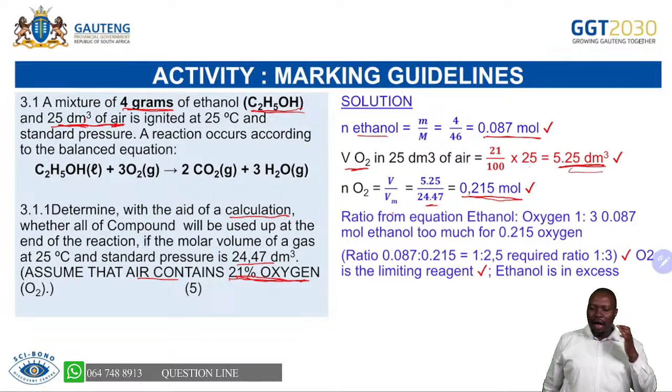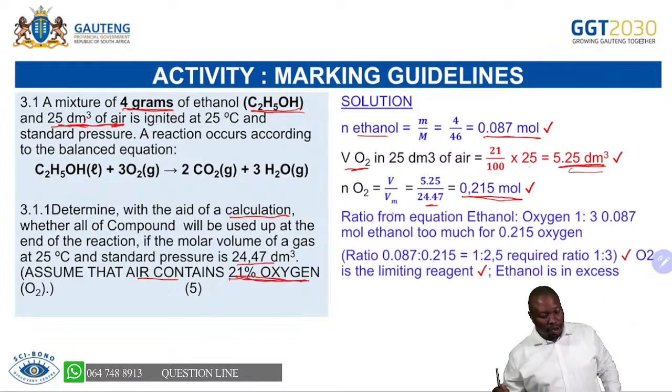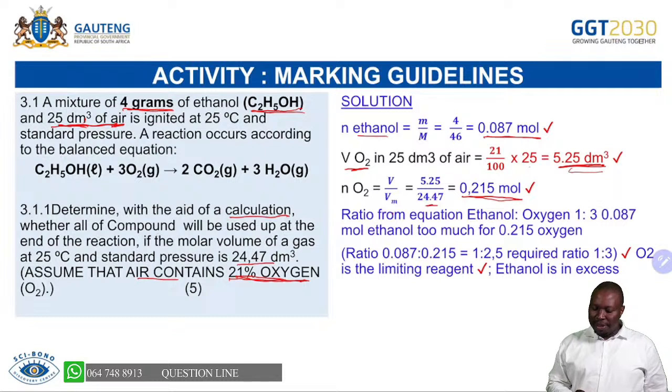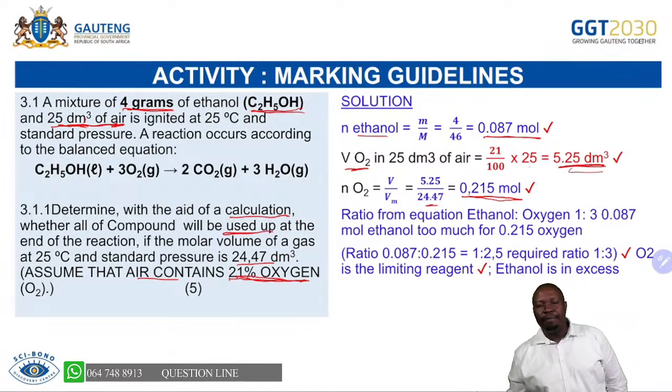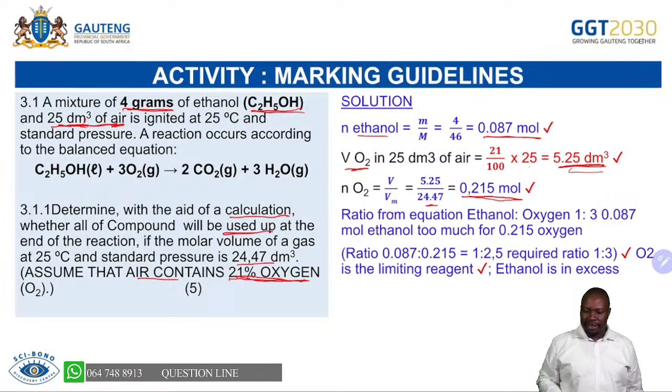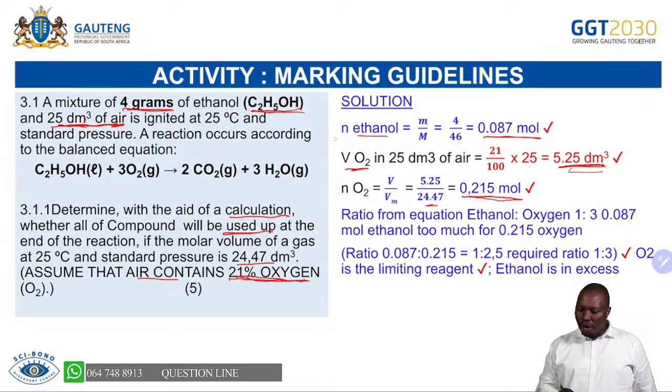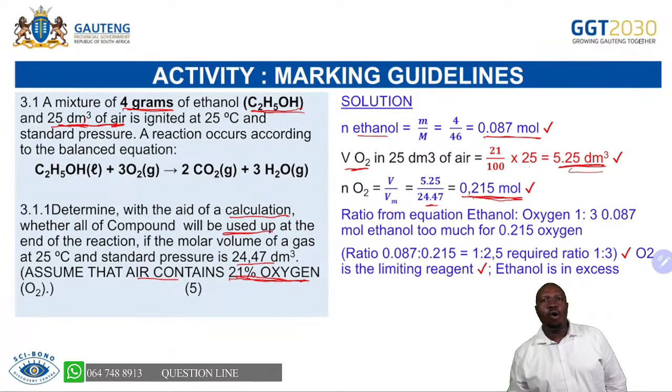And then now you go to the question, because the question was determine with the aid of a calculation whether all of the compound will be used up. Do you have anything that is used up, or do you have something that is in excess, or something that is limited or less? Let's check. We're going now to take the number of moles of ethanol versus the number of moles of oxygen.